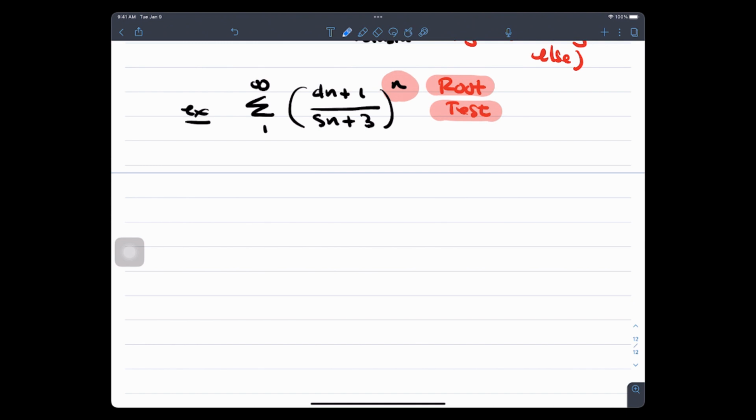So you say, well, what do I have to do? You're going to take the nth root of the absolute value of a_n. But you might say, well, what in the world is a_n? Sorry, let me take that back.